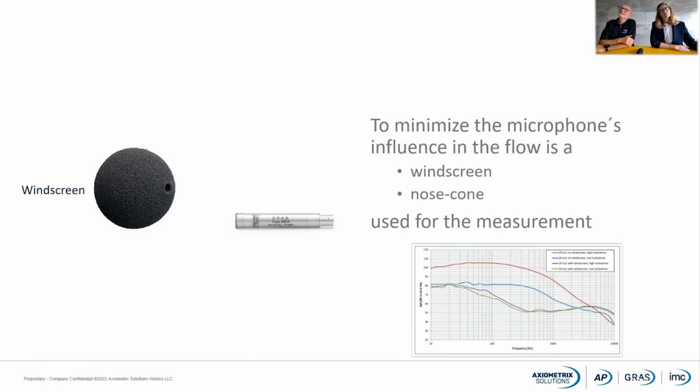If we have no windscreen, then we are measuring around 100 dB. If we add the windscreen, then we are measuring around 80 dB in this neighborhood. We can also add a nose cone, which will also reduce the turbulent noise and make the microphone not disturb the flow in the same way.